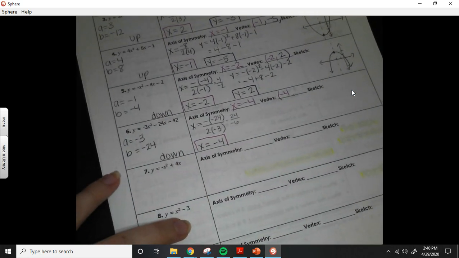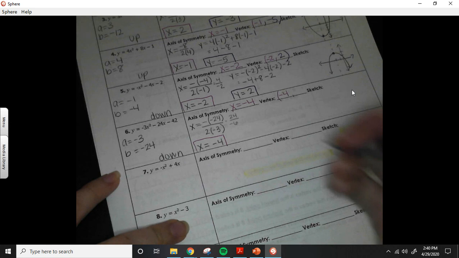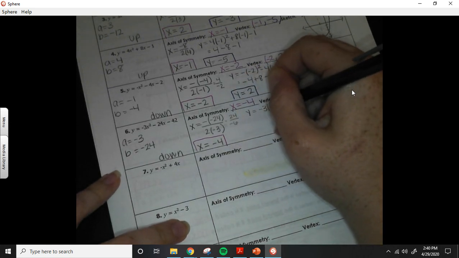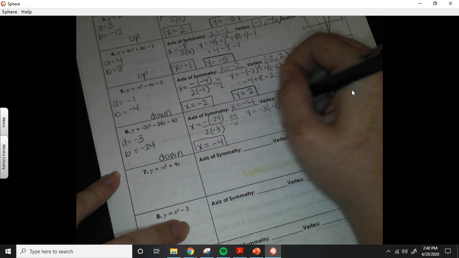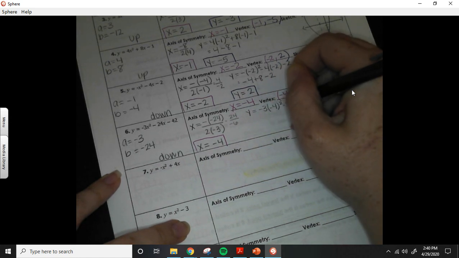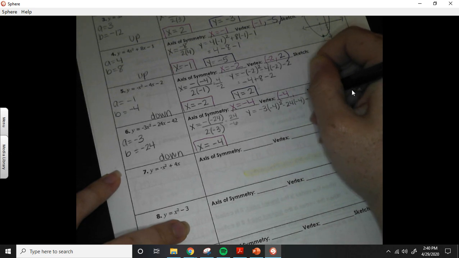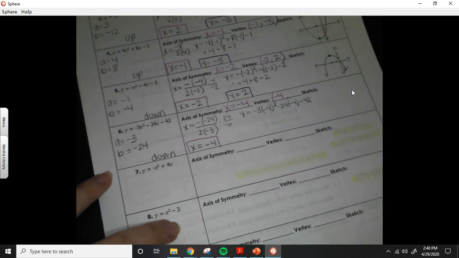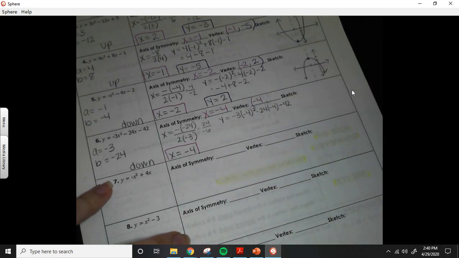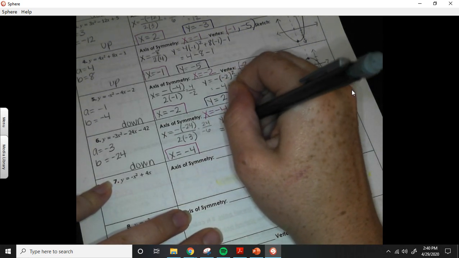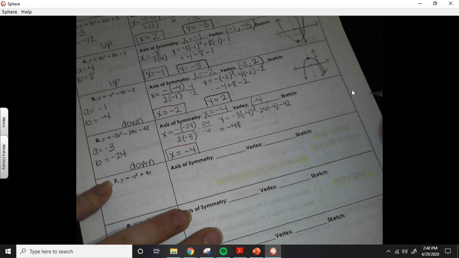Okay, to find our y value, we're going to plug this in. So y equals negative 3 times negative 4 squared minus 24 times negative 4 minus 42. We're going to need a calculator here. Negative 4 squared is 16. 16 times negative 3 equals negative 48.